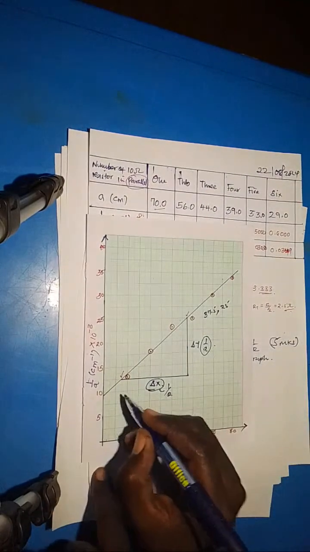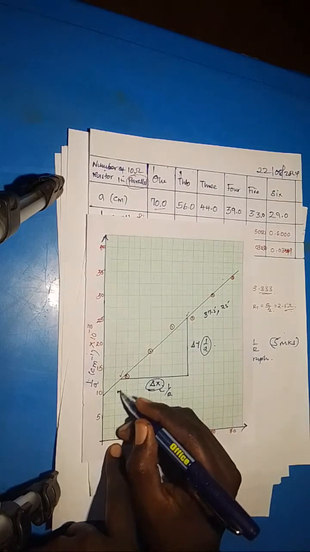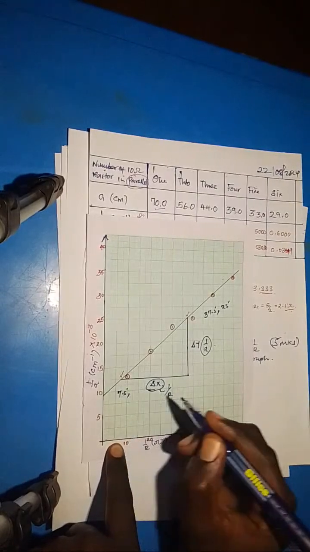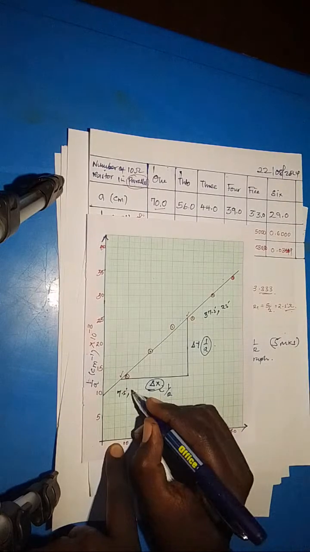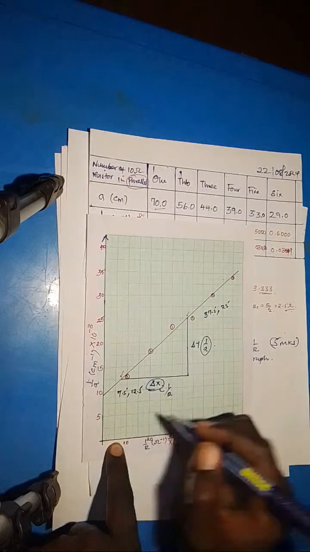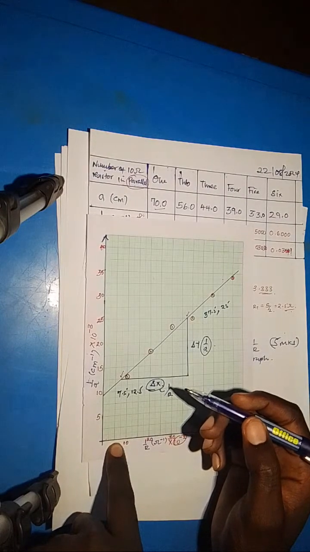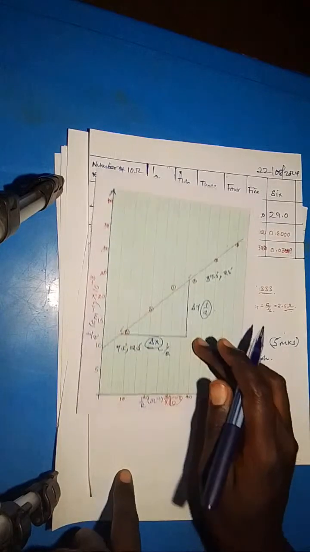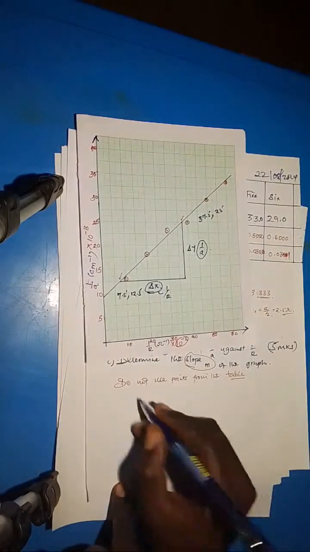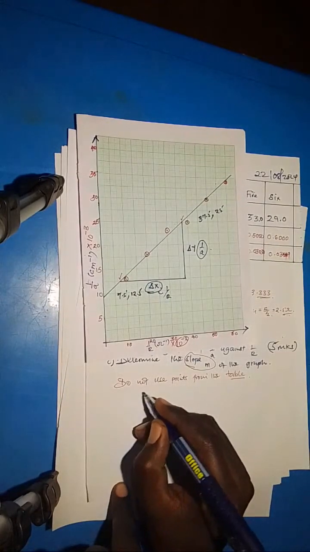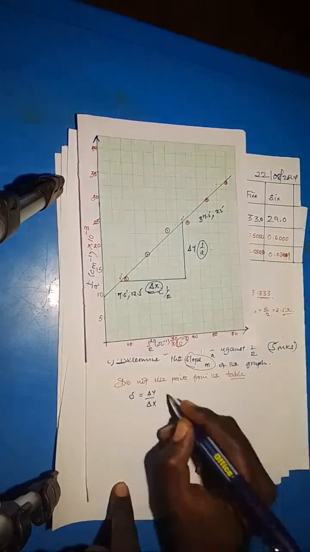And then this one will be 7.5 against 12.5. Therefore, I'll transfer what you have seen there, that the slope will be given by the change in y over change in x.